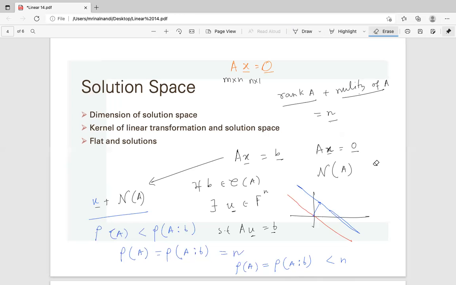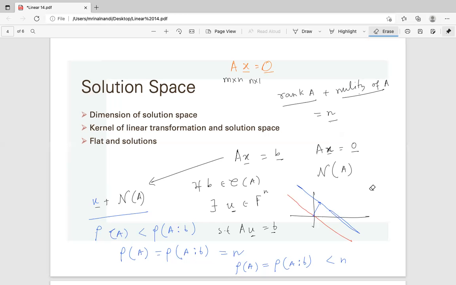But I think the most important and most magical thing in this proof is that B is nothing but a linear combination of the columns of A. That is the most beautiful thing to observe, which we never observed in school, when in class 12 we dealt with systems of linear equations. In no book is it observed that B is a linear combination of the columns of A. Once you observe that, everything becomes very straightforward.